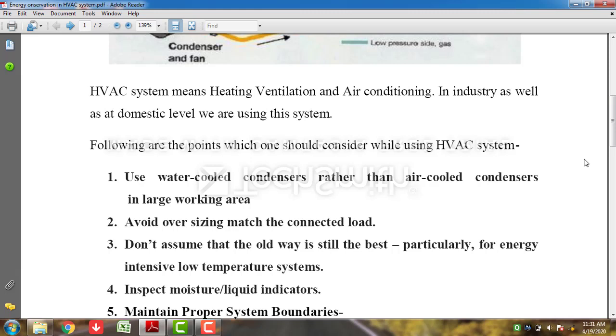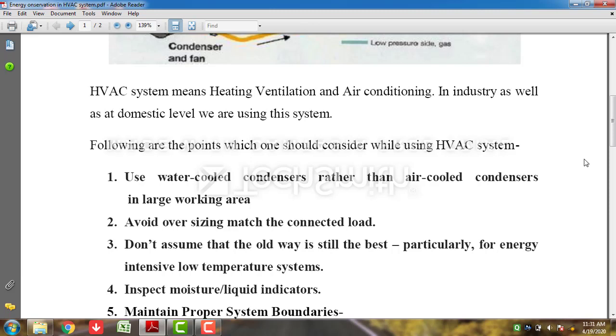For domestic level, the total load of that air conditioner is quite low. If we consider a 10 by 10 size room, a 1 ton AC is marginally comfortable, or we can go with a 1.5 ton AC, fine.